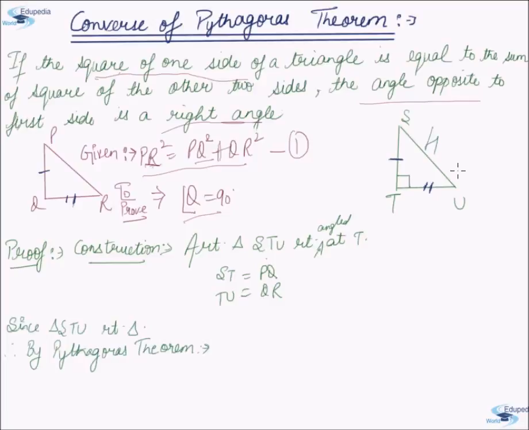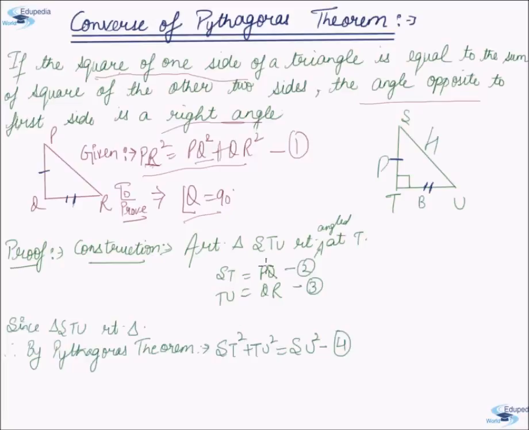The hypotenuse here is SU, and we can take this side as perpendicular and this side as base. So by the Pythagoras theorem, ST square plus TU square is equal to SU square. Let this be equation 4, and these two be equations 2 and 3 respectively.